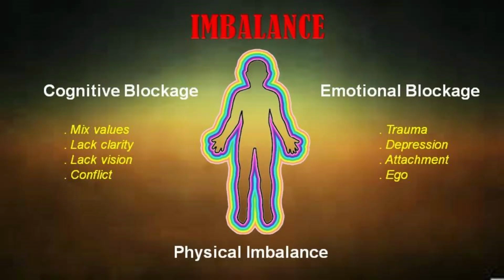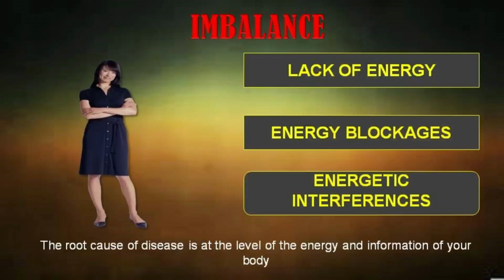Over time it becomes disorders, and disorders over time become diseases. So to avoid sickness in your body, all you have to look at is your energetic system. The energetic system starts at the imbalances, and that is due to lack of energy in the body: the energetic blockages that we have, energy flows, energy blockages due to conflicts and so on, and energetic interferences.